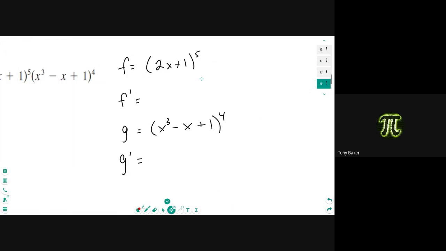So in this problem, what's going to be my u? Right, the u is going to be my 2x plus 1. So u prime is what? 2. And then I have my f of u, which is u to the fifth, right?